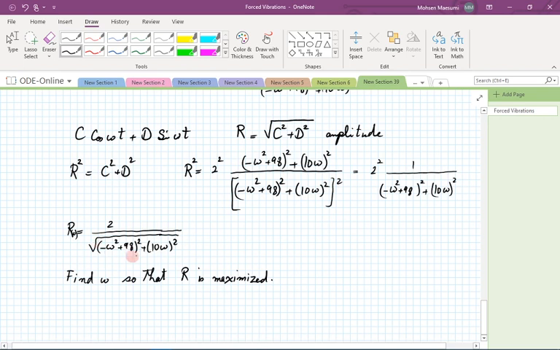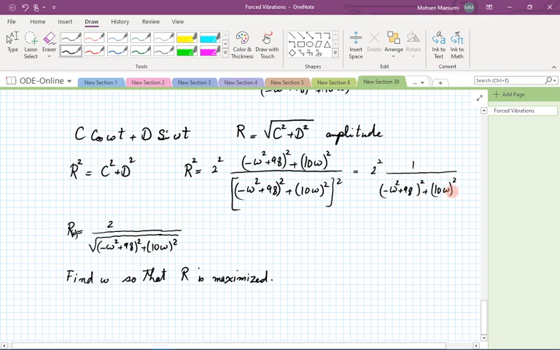Of course, yes, you can go ahead and take a derivative of this, but pay attention to the following. If R wants to become maximum, then R squared will become maximum. R squared becoming maximum means this fraction becomes maximum. Since the numerator of it is a constant, its denominator should become a minimum.